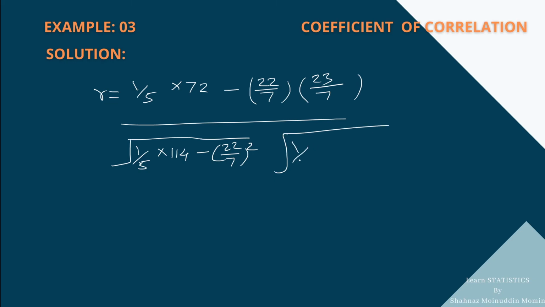Similarly, 1 by n is here 5, so 1 by 5 into 163 minus 23 by 7 y bar square.